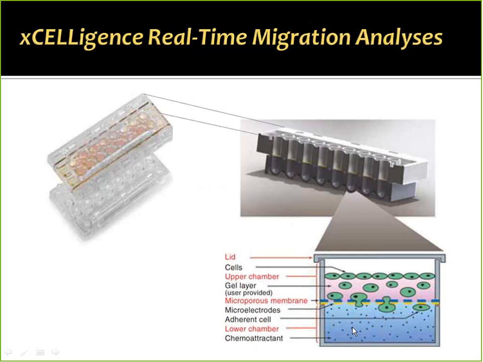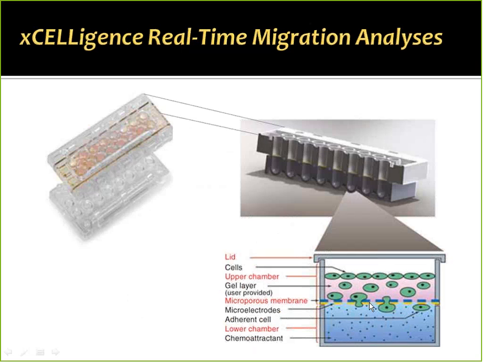And then the cells that you're interested in studying are seeded in the top chamber. If the chemoattractant elicits a migratory response, the cells will attach to the microporous membrane and then migrate through the pores and attach on the bottom side of the membrane, which contains the same microelectrodes that I just mentioned are present on the bottom of the E-plate.